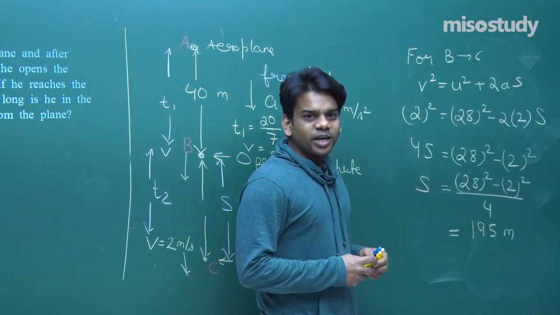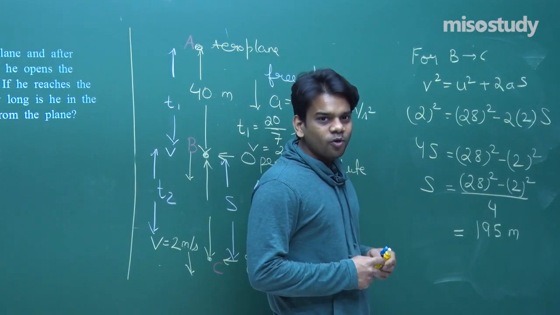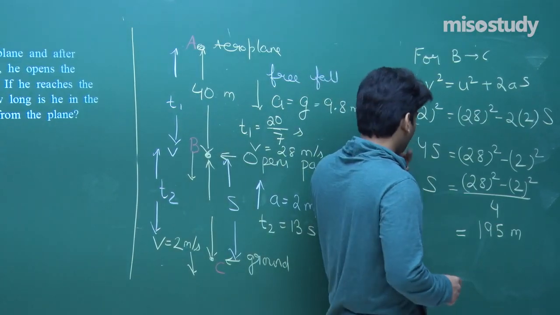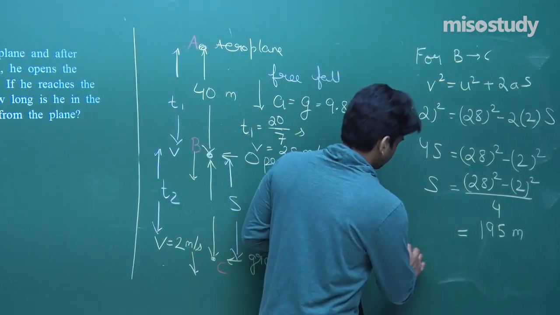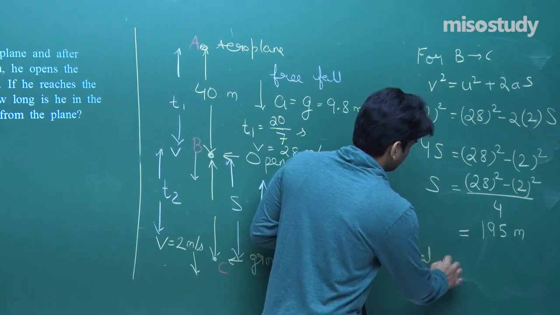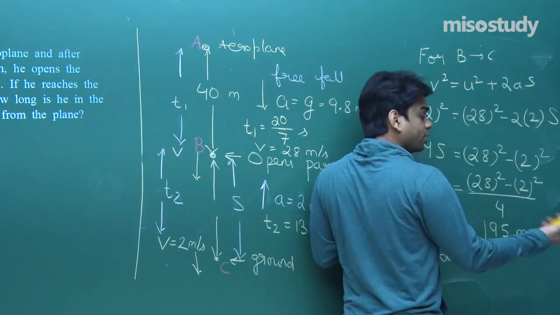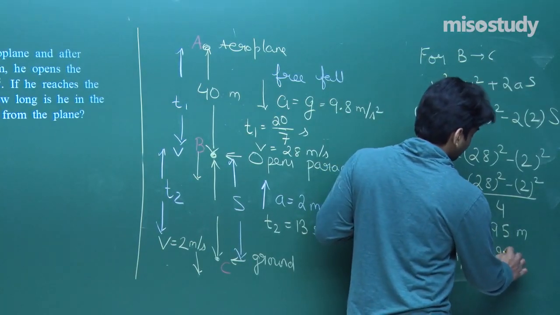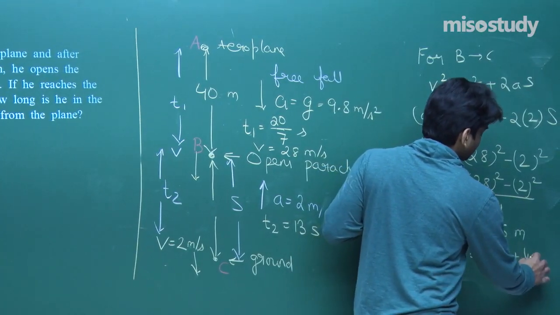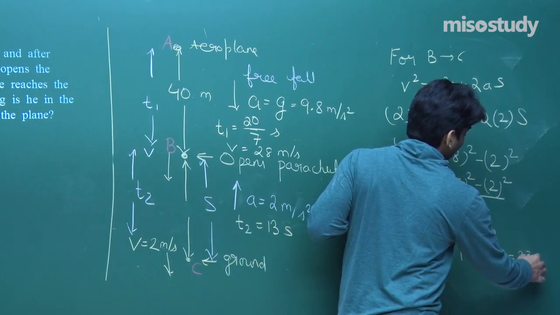The final displacement, the total displacement will be sum of 40 plus 195 meter. So total displacement from A to C will be 195 plus 40, that is 235 meter.